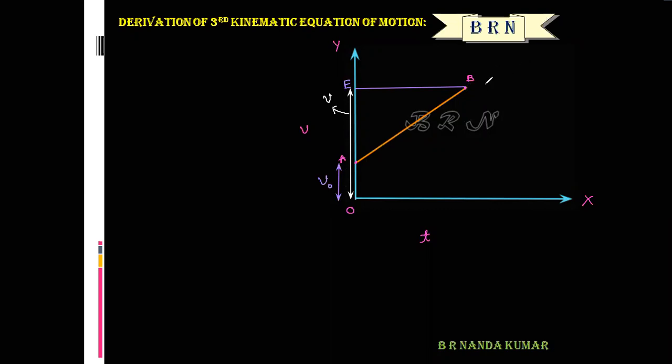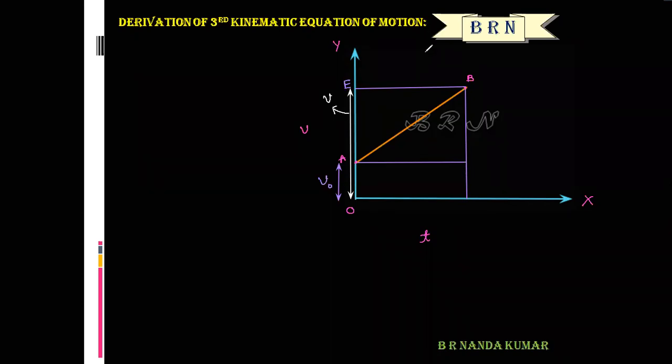Actually, the slope of the v-t graph gives the acceleration.